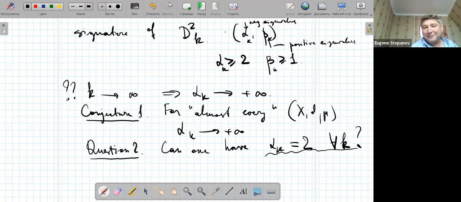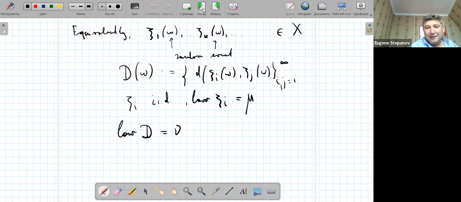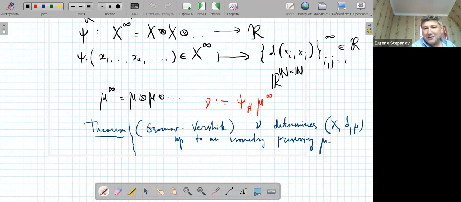If you go back to the construction, you have this space of infinite distance matrices.